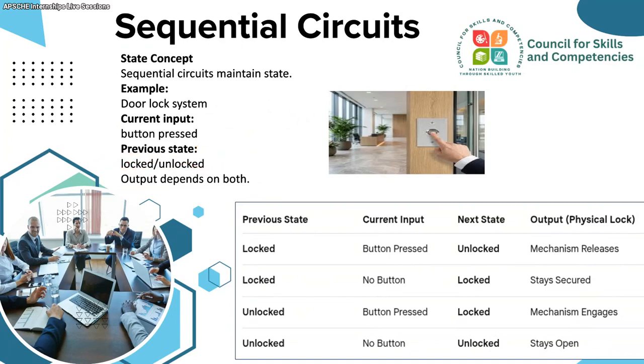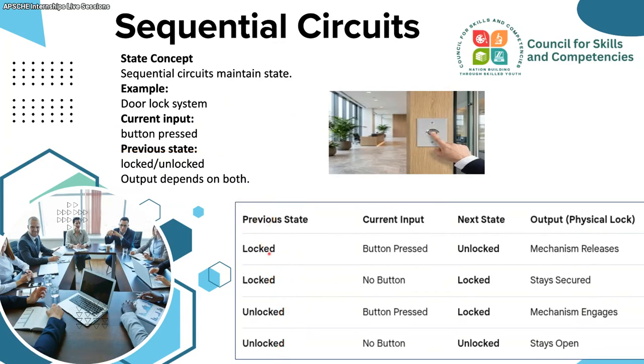Now you started looking into the actual problems. This combinational circuit cannot handle it, so they went for the sequential circuit. You guys try to understand this, then the sequential circuit will become an easy step. So you want to consider all the things. Our previous state might be locked or unlocked.